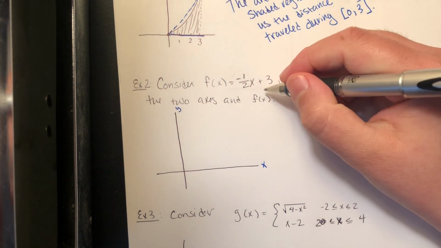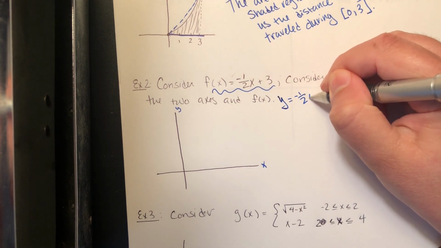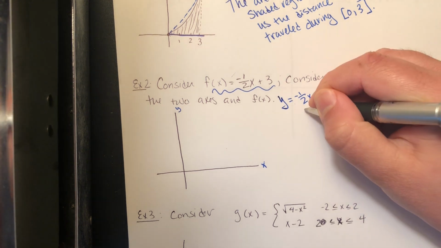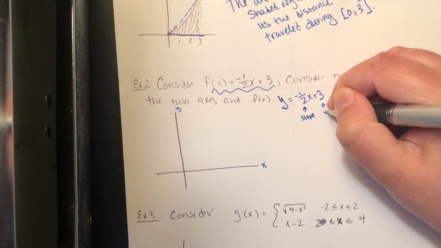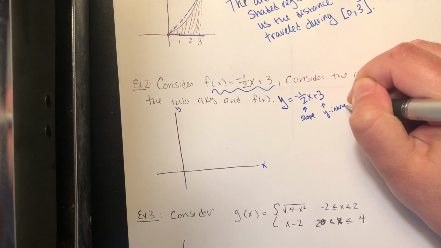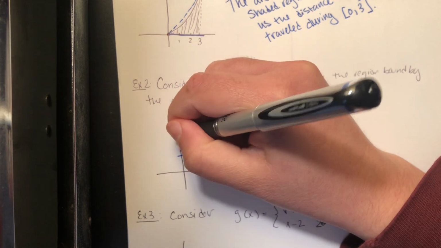Now this is a line. y equals -1/2 x plus 3 is a line with a slope of -1/2 and a y-intercept of 3, going all the way back to day 1 slope-intercept form. So we've got 1, 2, 3.